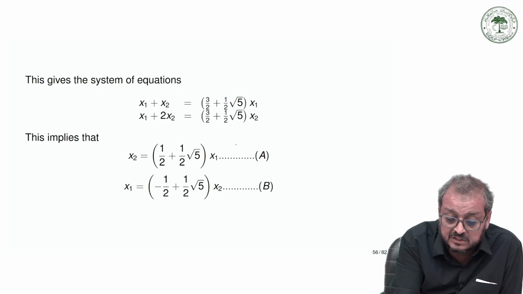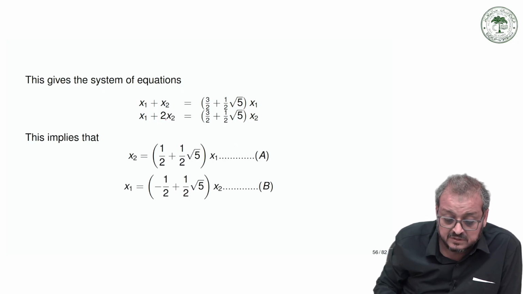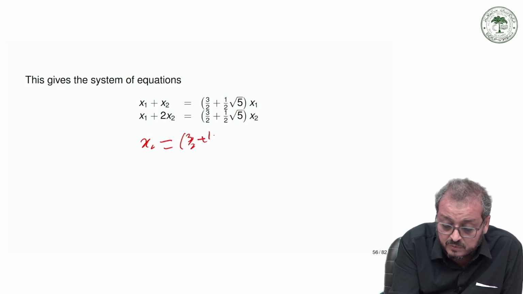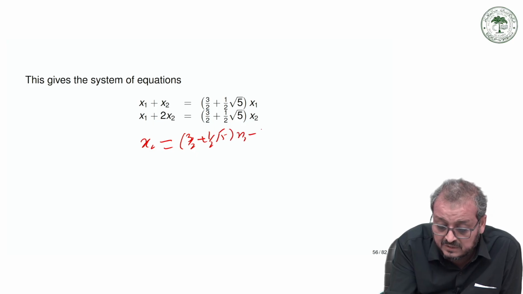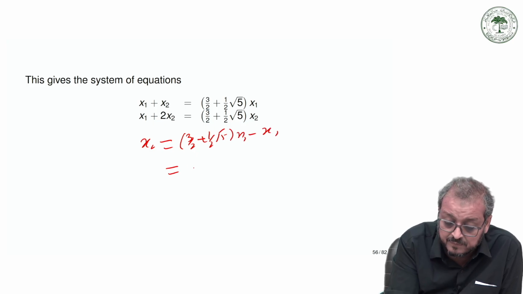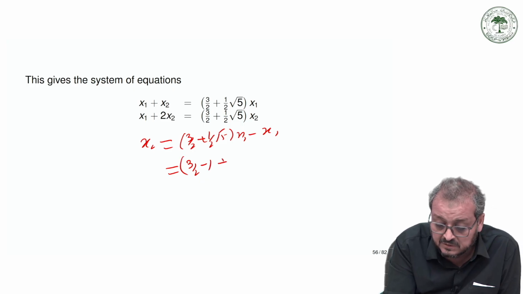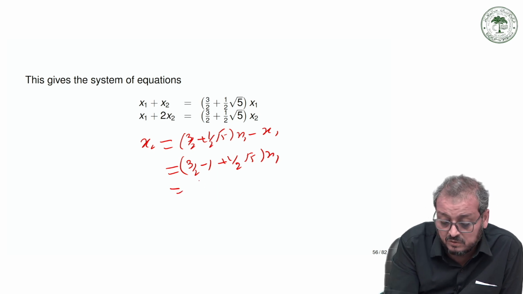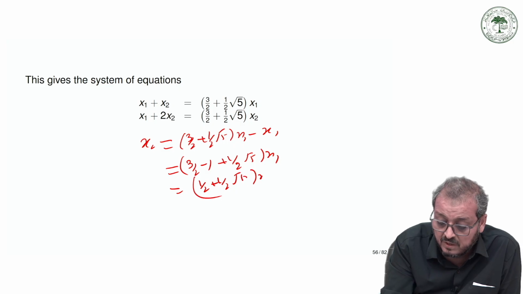Then simplifying, x2 can be written as (3 by 2 plus 1 by 2 root 5) x1 minus x1. This can be written as (3 by 2 minus 1 plus 1 by 2 root 5) x1, which is equal to (1 by 2 plus 1 by 2 root 5) x1.